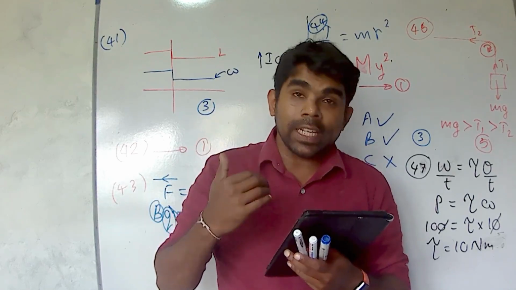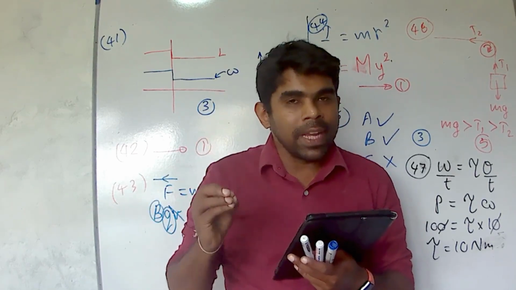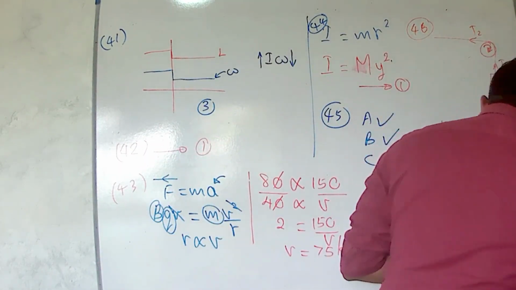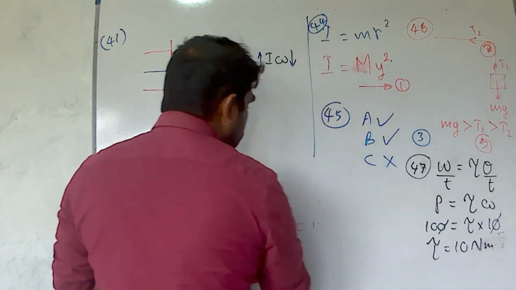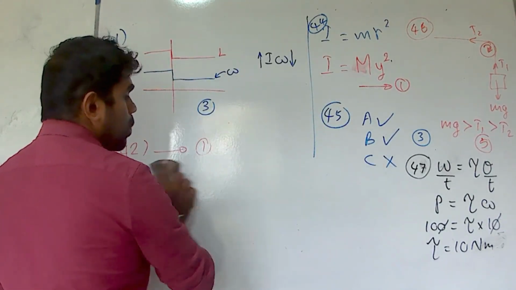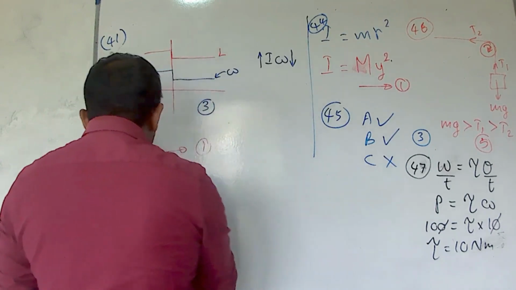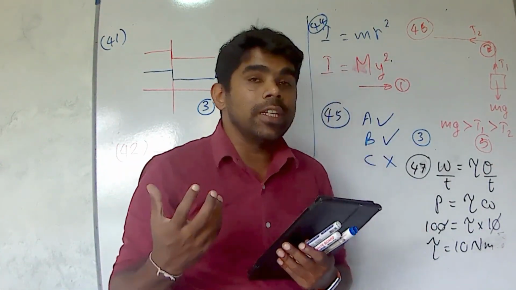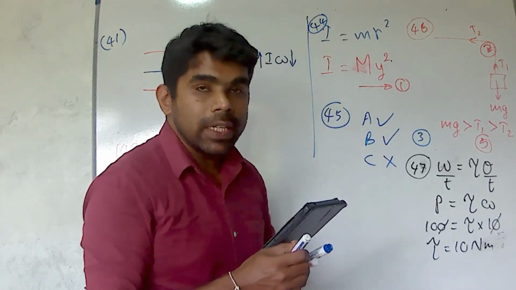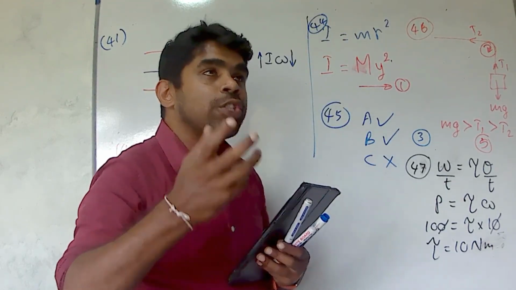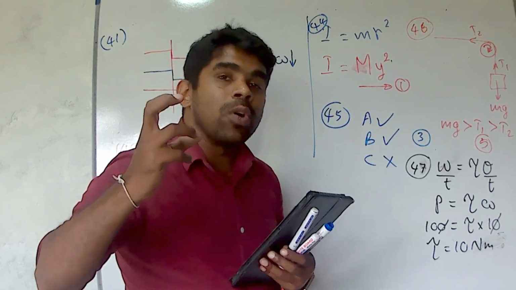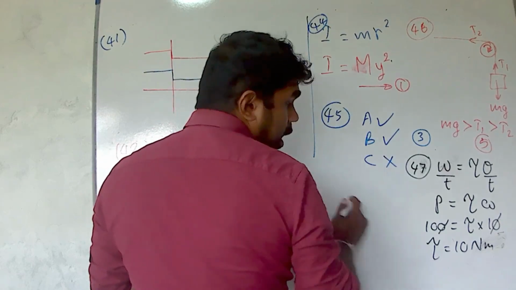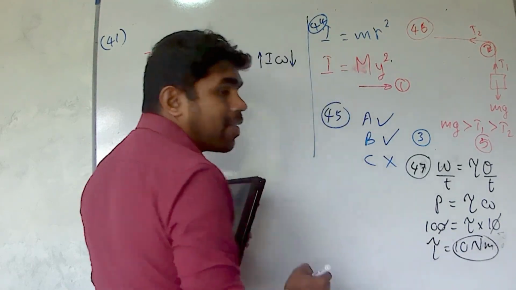Now the object is not accelerating. It means it has a uniform angular velocity. Therefore, the net torque on the object should be 0. It means there is an equal and opposite frictional torque on the object. When the motor is switched off, there is only one torque, the frictional torque. Therefore, frictional torque also should be equal to 10 Newton meter.